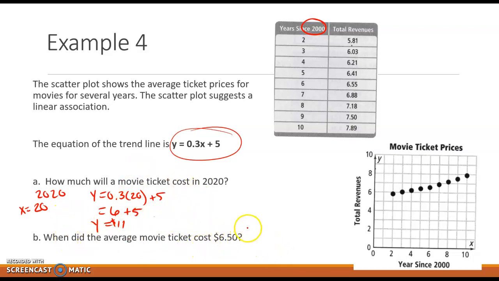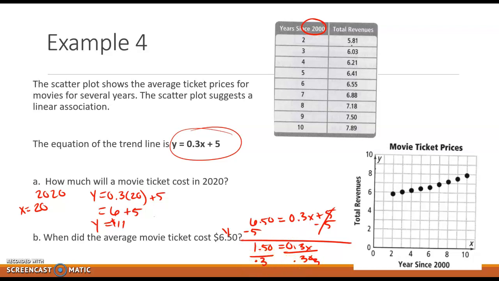When did the average movie ticket cost $6.50? So that means I'm going to plug in $6.50 for Y, because this is my Y value. And I'm going to set that equal to 0.3x plus 5. So we're going to start by subtracting 5, because I want to zero out my constant. So I end up with 1.5 equals 0.3x divided by 0.3, not x, Mrs. Cartwright's starting to write like the students.